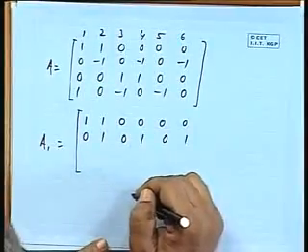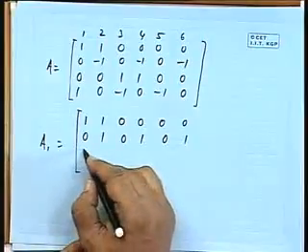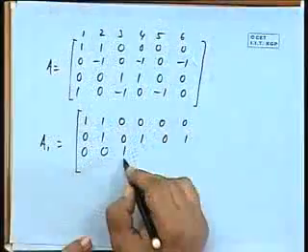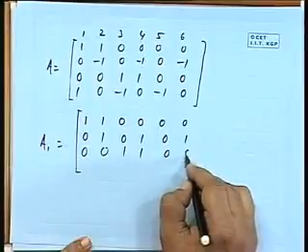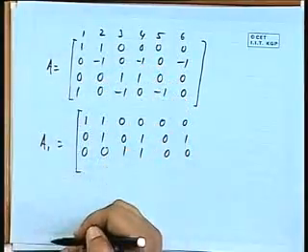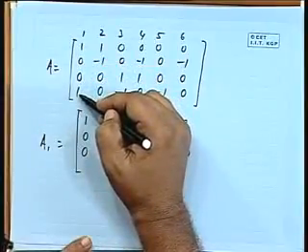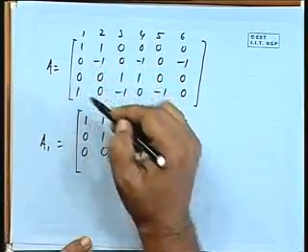Then third one is also possible, 0, 1, 1, 0, 0. Fourth one, if I subtract from here, then what do I get? 0, minus 1.